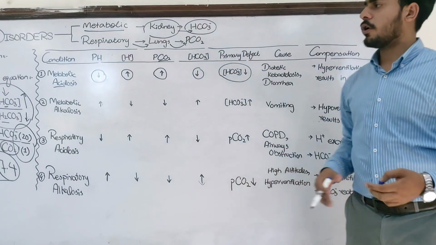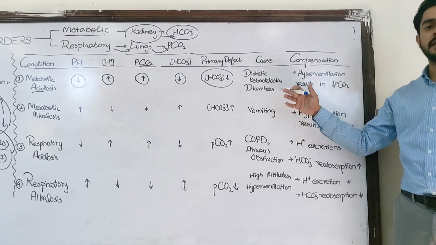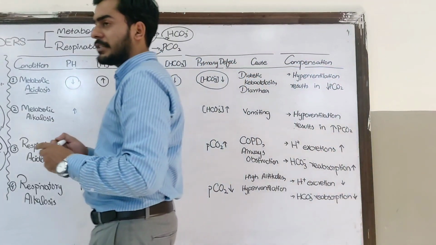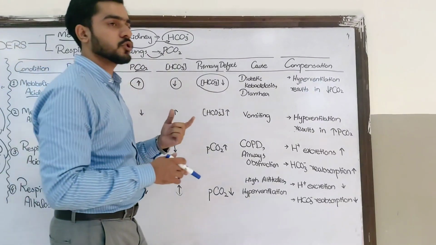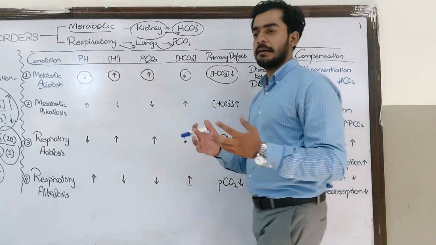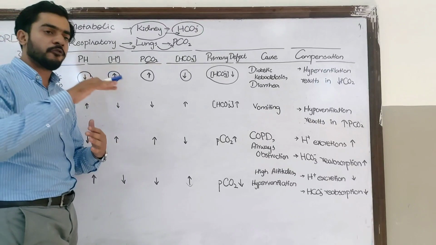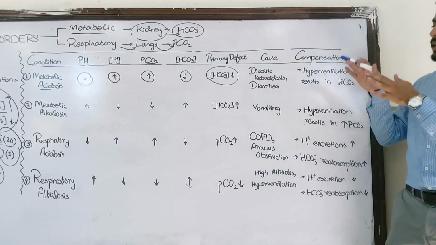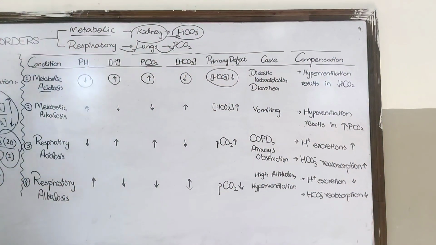Causes, there are multiple causes of the metabolic acidosis. The major ones are diabetic ketoacidosis or diabetes. Now let's just talk about the compensations. This is the major portion, that whenever there is a problem in the acid-base disorder, let's just say there is a defect in our metabolic compartment, then the respiratory system will compensate, will do some actions in order to minimize the effect of the defect in the metabolic compartment.